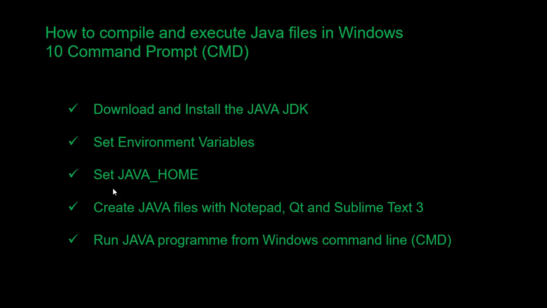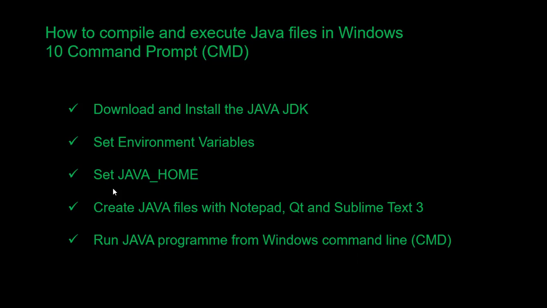To be able to understand it very well, I would want us to go through the process of downloading and installing the Java JDK, the process of setting up the environment variables, the process of setting up the Java home, because without the Java home, there are some issues that you may face when you are trying to run the Java code or execute the Java code through the CMD.